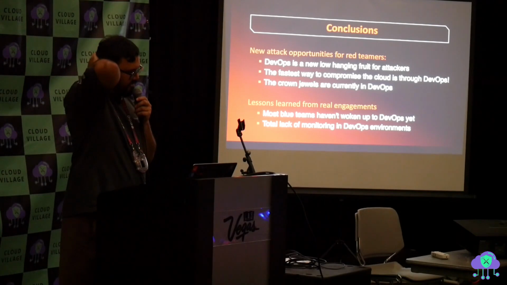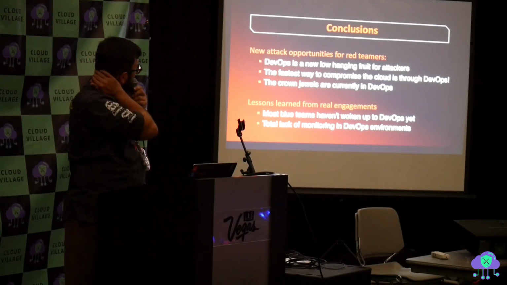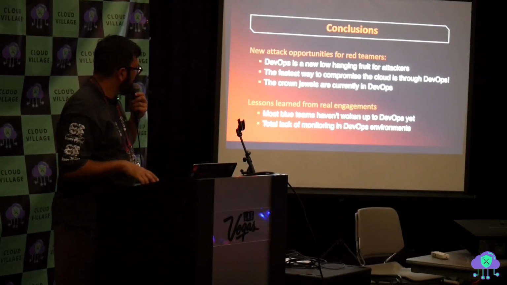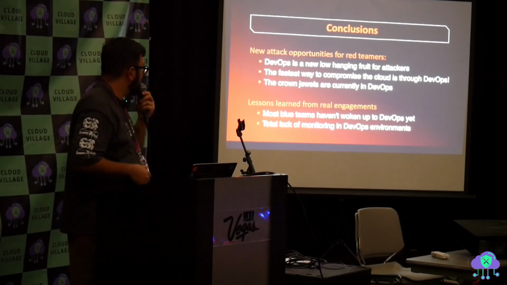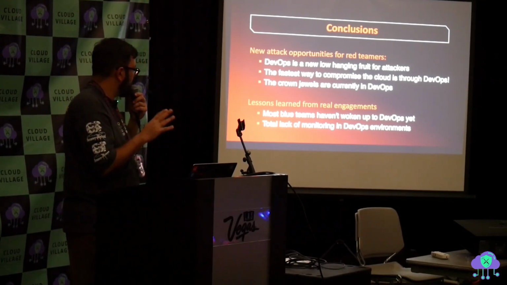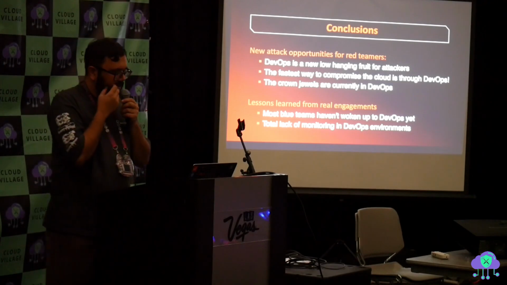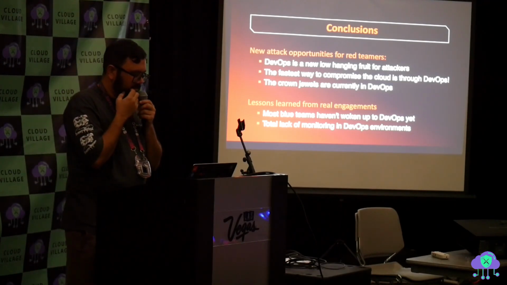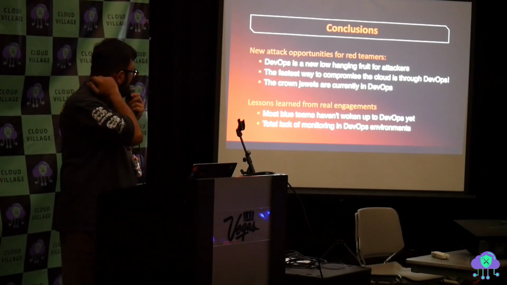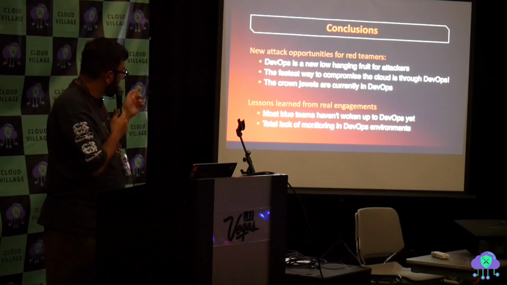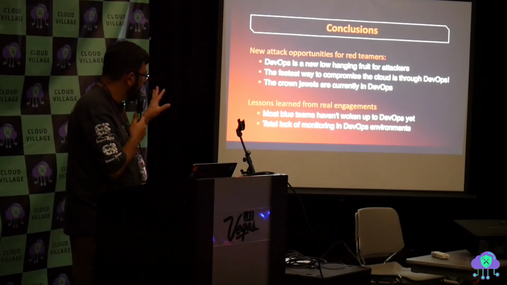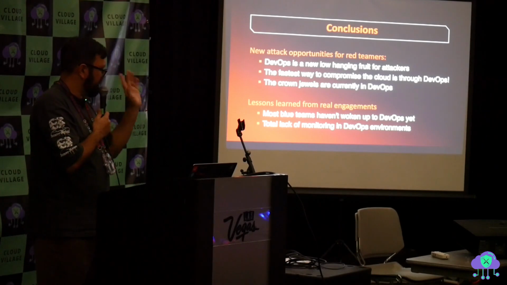For the conclusions, in my opinion, if you want to compromise the cloud, the fastest way is through DevOps. All the crown jewels are now in DevOps. And it's just a new low-hanging fruit for attackers. And from real engagements, one of the lessons learned is that most blue teams are not even looking at DevOps.